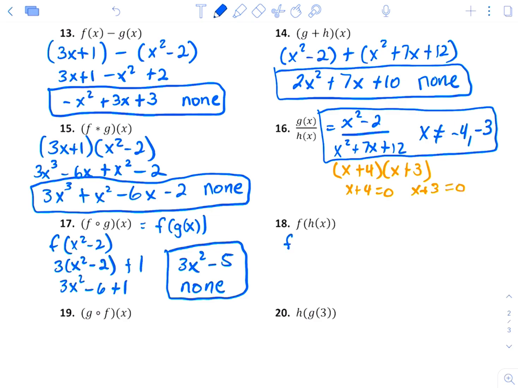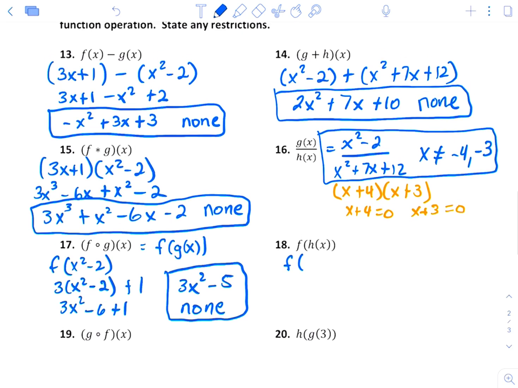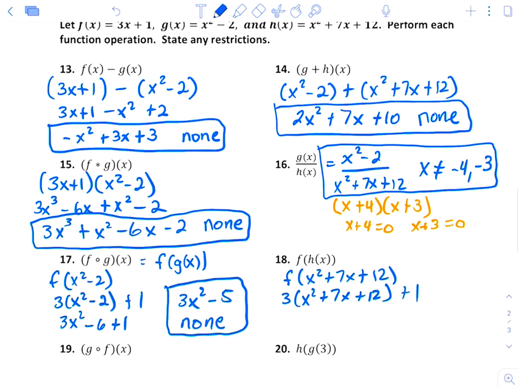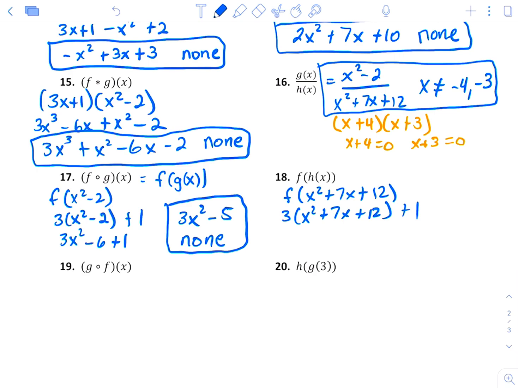All right, so this really means f of our h function. So that is the x squared plus 7x plus 12. So I'm substituting this whole thing in for all of the x's in my f function. So 3 times x squared plus 7x plus 12 plus 1. So if I start to simplify, I would distribute.